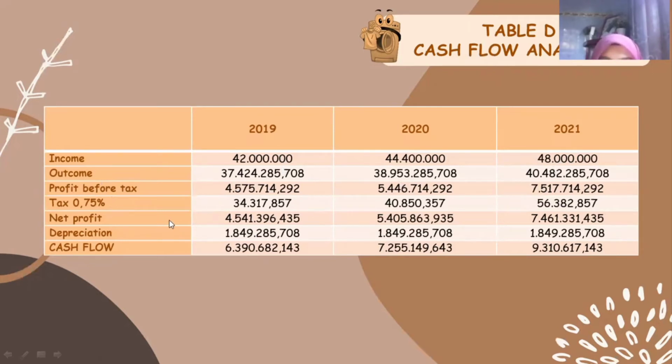And then net profit. And then depreciation for each year is the same. And then we get the cash flow. The cash flow we get from the net profit plus depreciation.